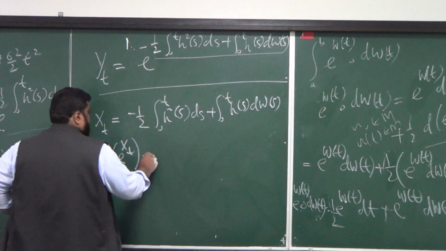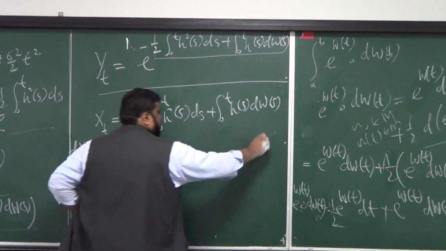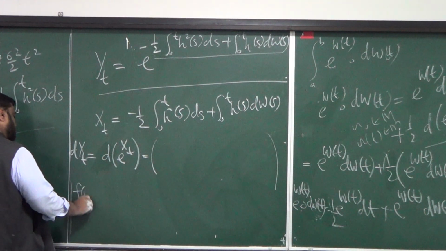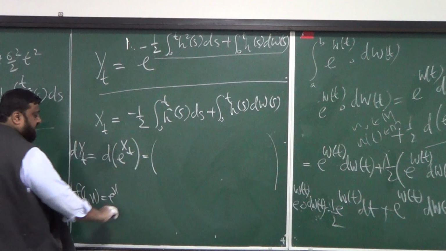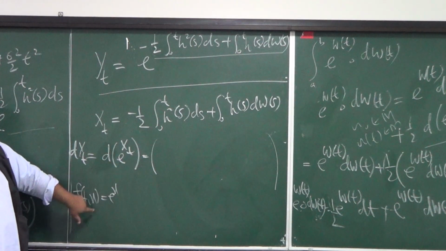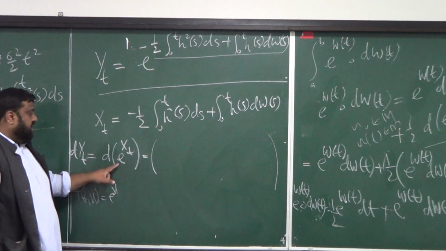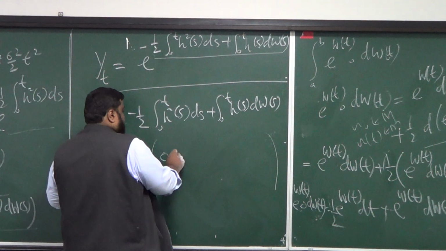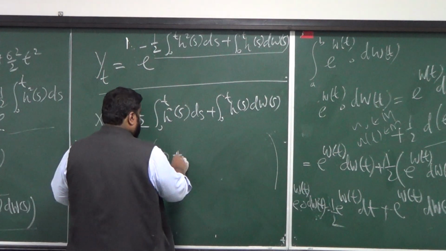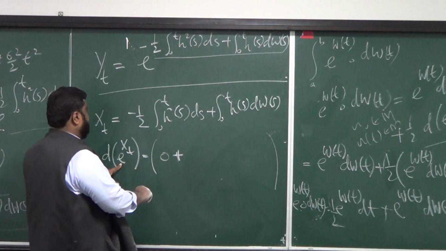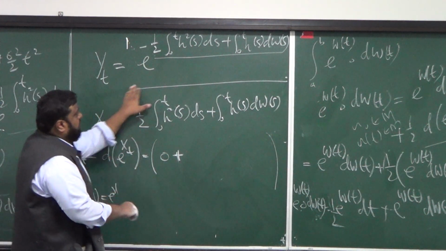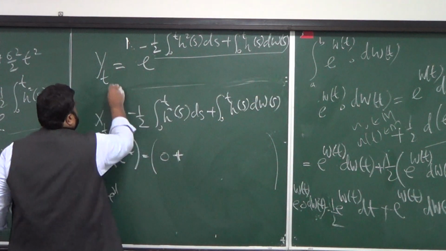So what will you get? Your function is going to be simply e to the x. So you want to apply the Ito lemma on this. The derivative with respect to t is 0. Okay? Plus mu. So what is mu? For that you can also write this in differential form.